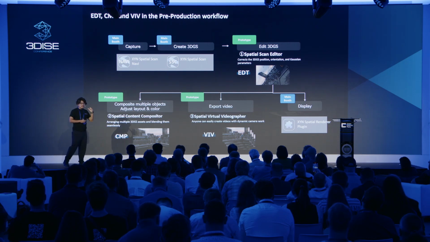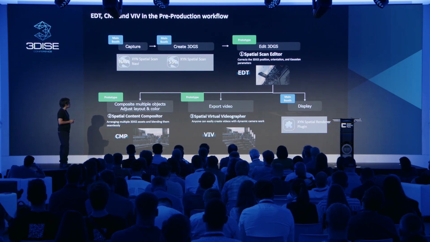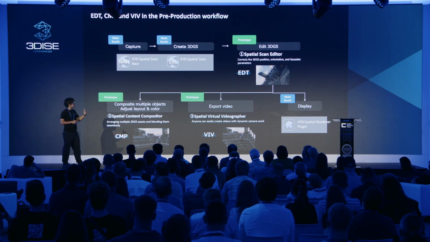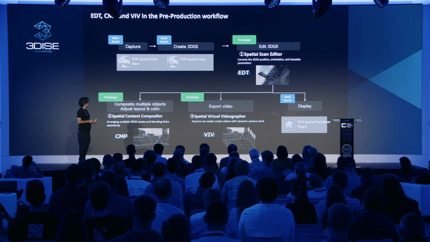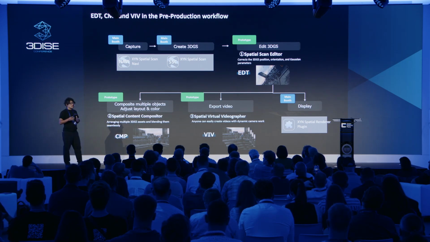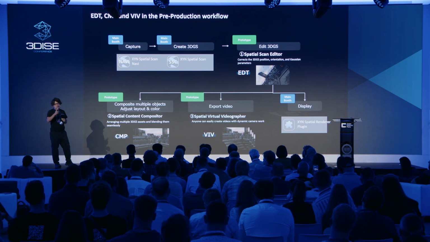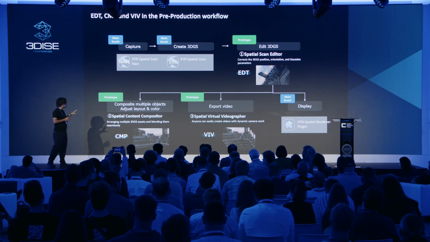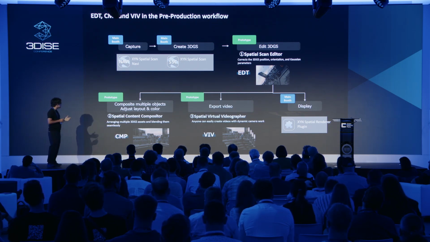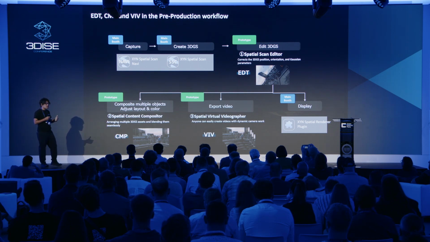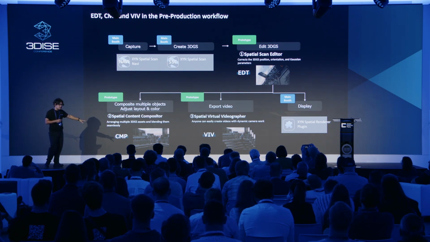And at our booth, we are also showcasing our prototype of this Spatial Scan Editor. It corrects the 3D Gaussian points and orientations, and you can remove the splats pretty easily, just select them. And also there are compositing tools. You can add multiple 3D Gaussian splats and change the color of each splat to blend them in.